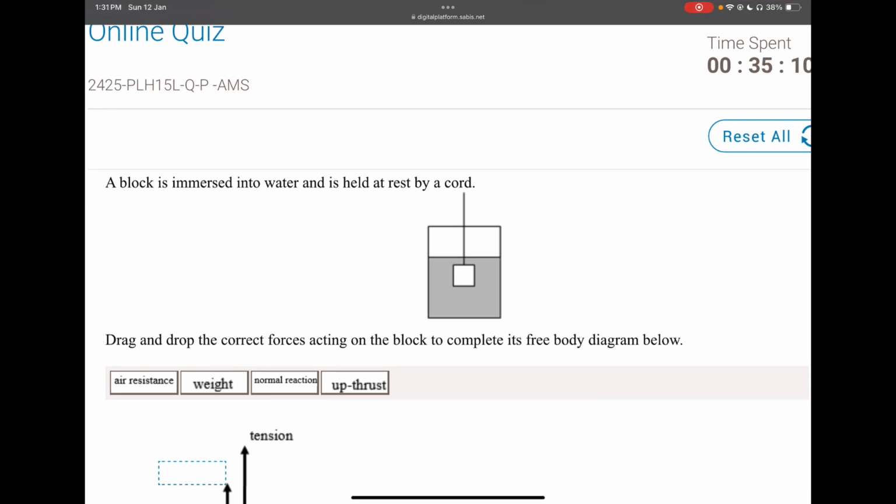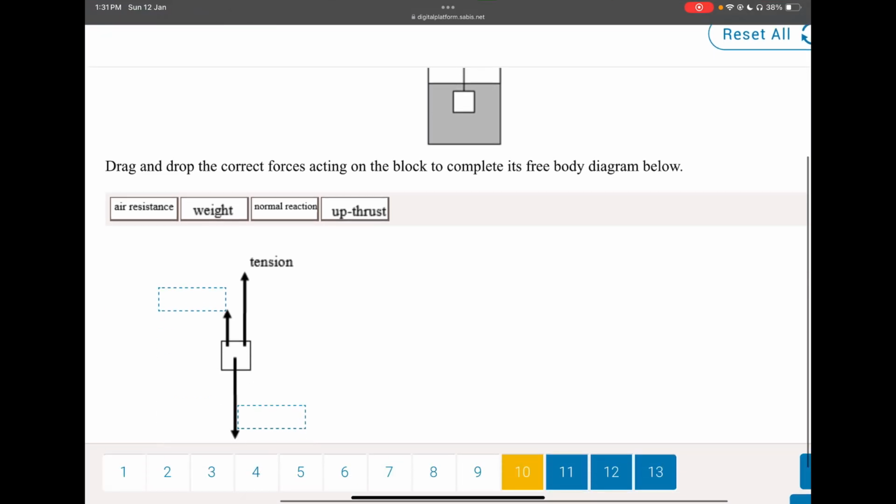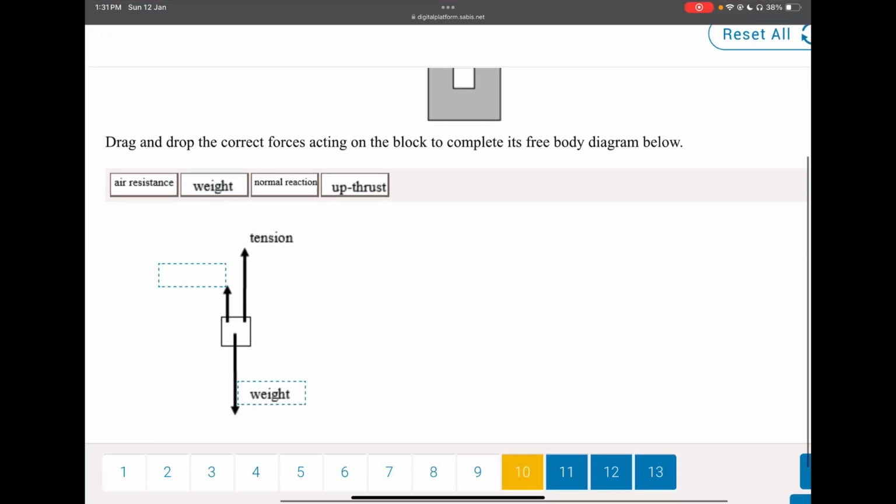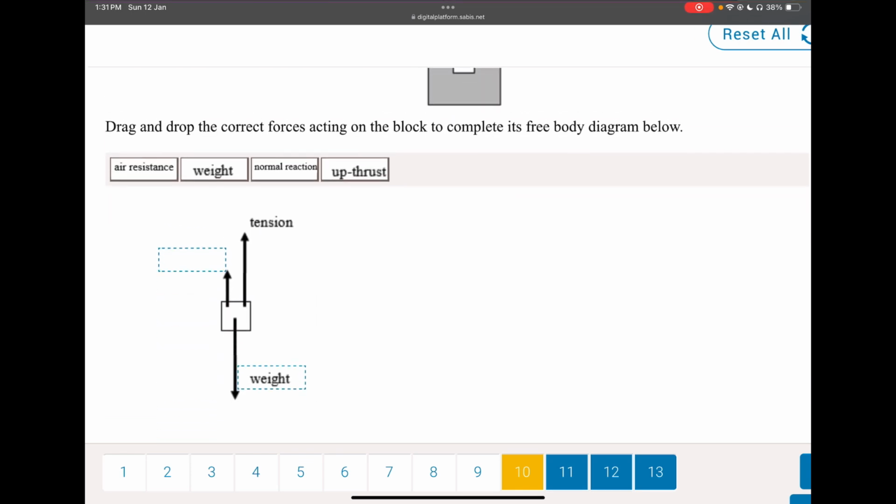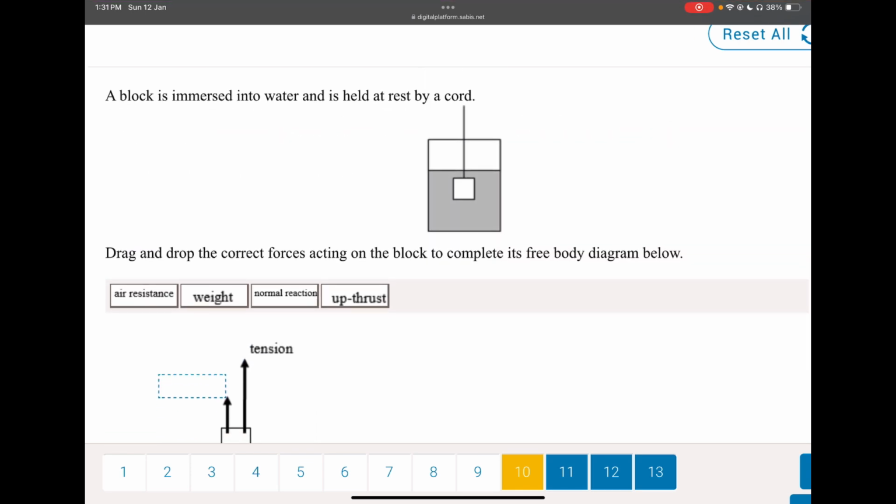What is upthrust? Upthrust is also known as the buoyancy force. It's the upward force exerted by a fluid. So what would be pulling the block down? Weight. But what would be bringing it back up? It's upthrust with the tension because the cord is a wire.